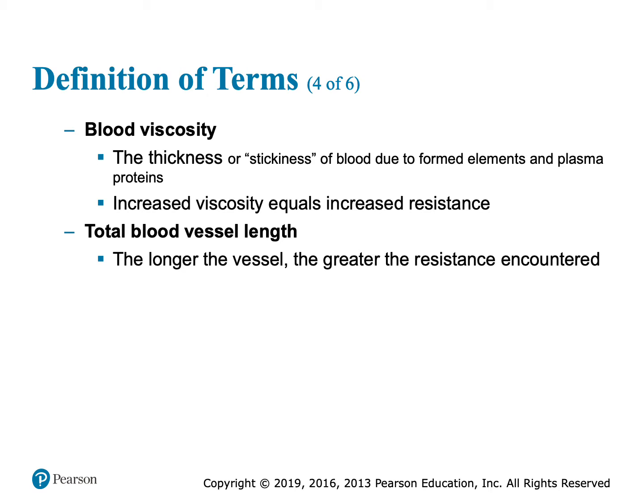Your vessel length, that guy is going to stay the same length. So the longer the vessel is, the greater the resistance is encountered. If you think about this, you got a man, maybe a 300-pound lineman for a football team. He has, first of all, he's a big man, so his vessels are going to be longer.